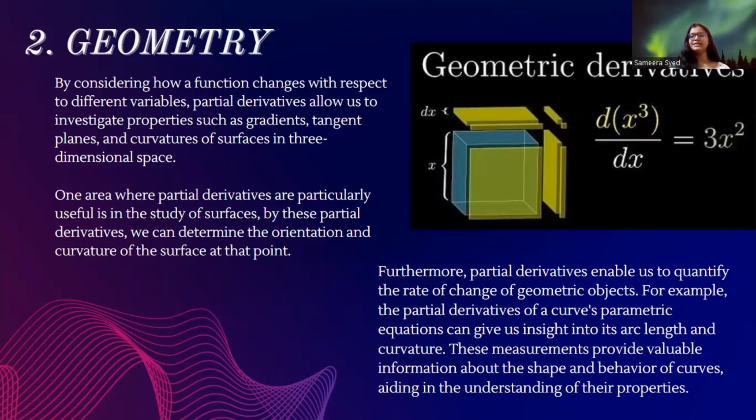Furthermore, partial derivatives enable us to quantify the rate of change of geometric objects. For example, the partial derivative of a curve's parametric equations can give us insight into its arc length and curvature. These measurements provide valuable information about the shape and behavior of curves, aiding in the understanding of their properties.